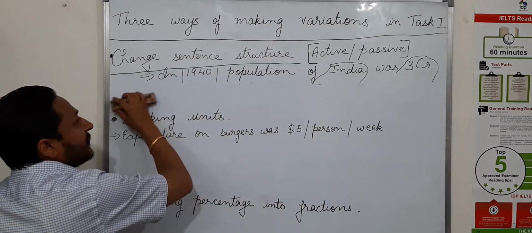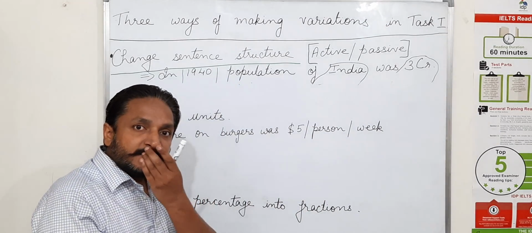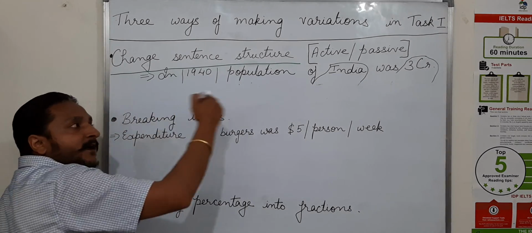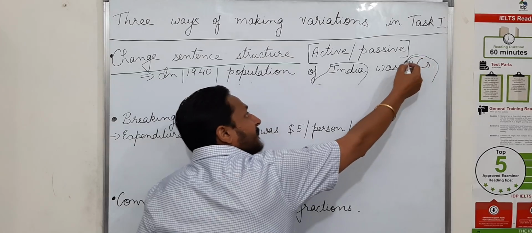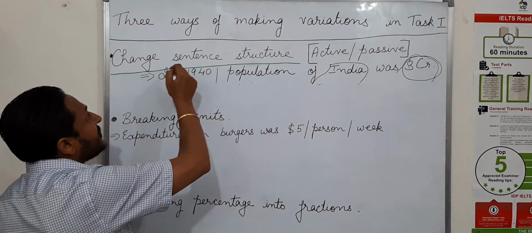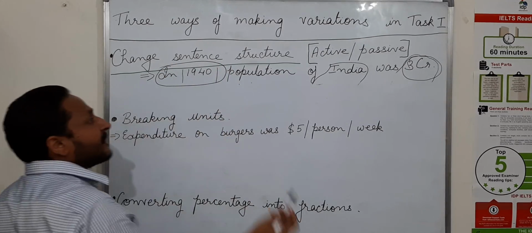We need to change the clauses and then write the sentence. So what we'll do is, the second sentence, I will start it from 3 crores and I will end it on the year. So how can I write it?